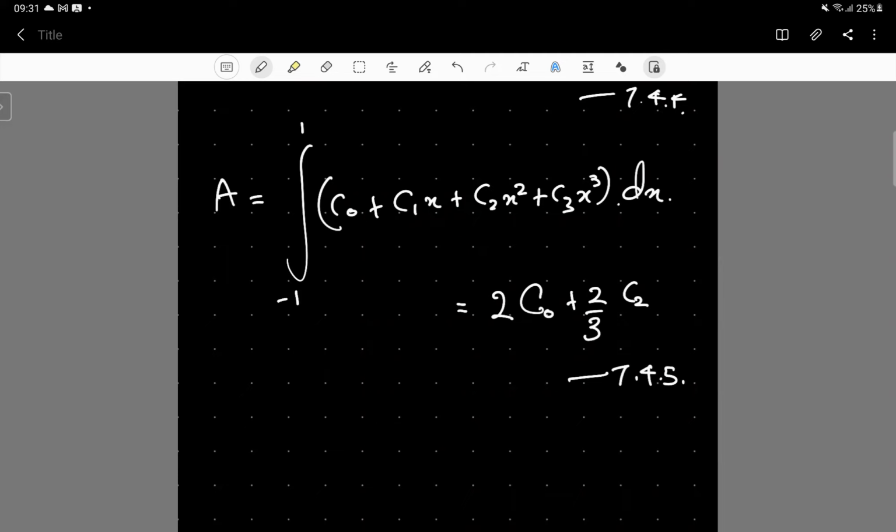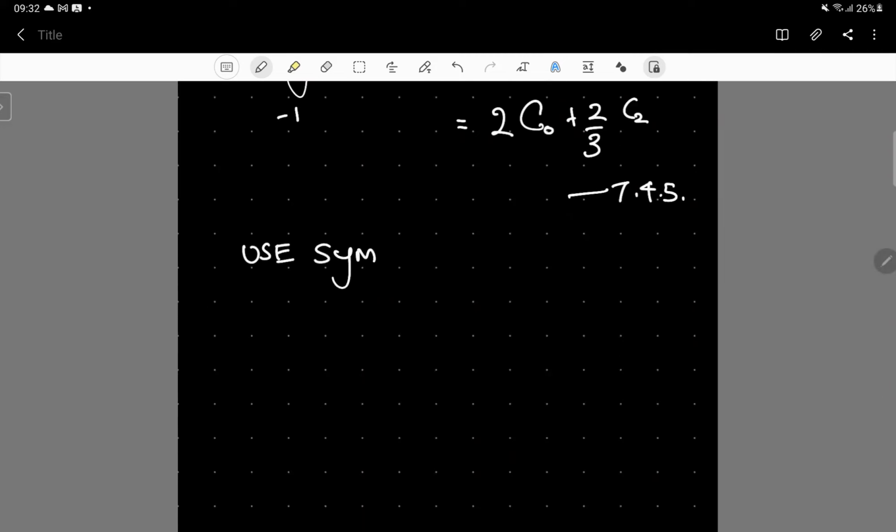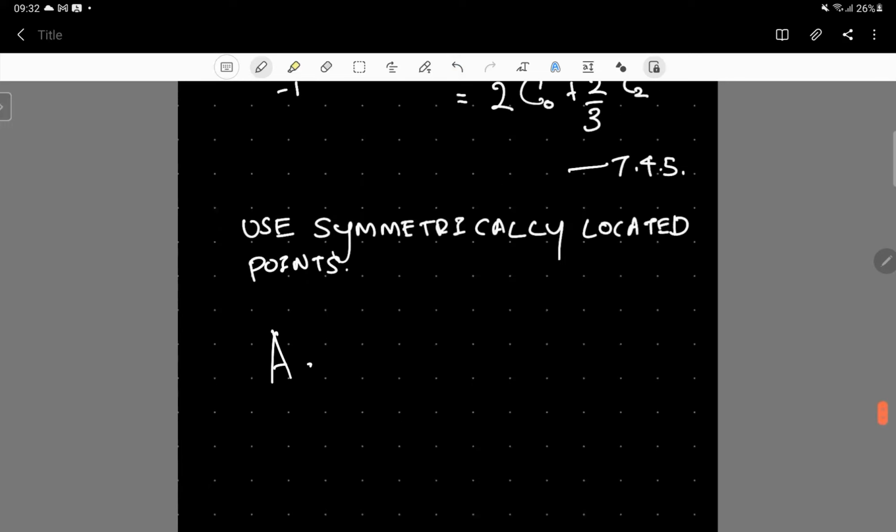Let's assume a symmetry where the weight factors are equal, and of course the corresponding x values are the same in magnitude. This is a special case. If we use symmetrically located points, then let's call it the area given by the Gaussian method.